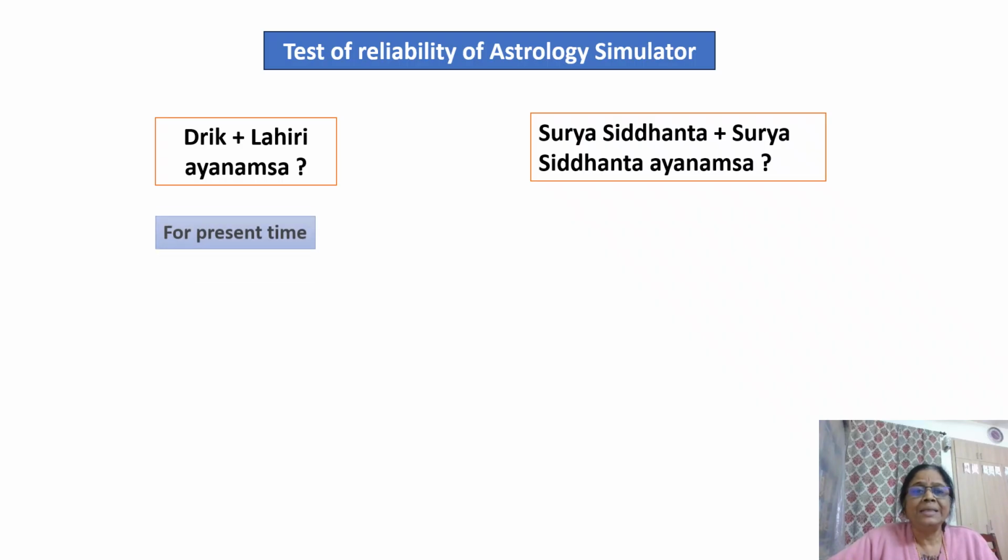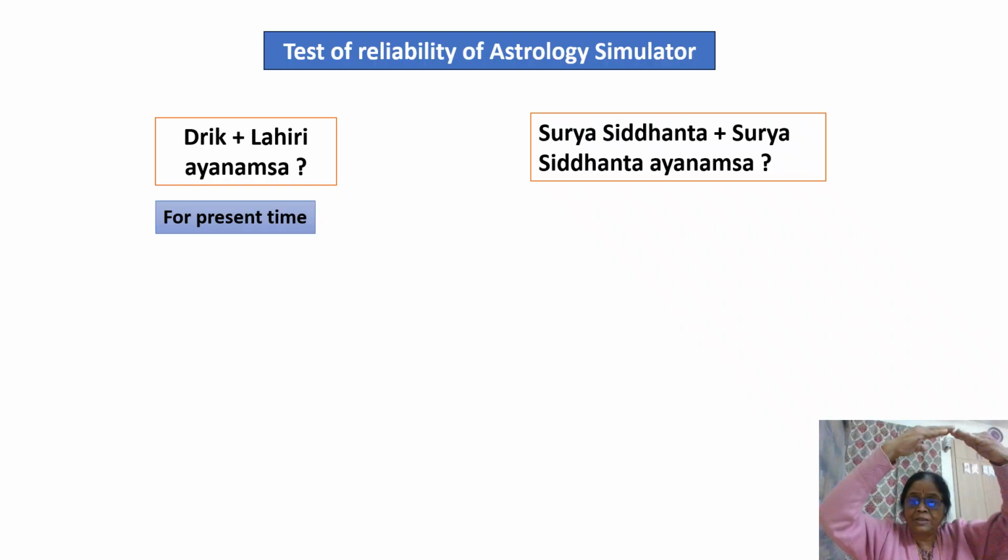We should know that Drik or Lahiri is used for the present. I already told you in historical dating, you should transform yourself to that period, not to the current period. Suppose you use Drik or Lahiri ayanamsa, it means you are using the current period's details, and you are extrapolating it, which will not give you proper results.